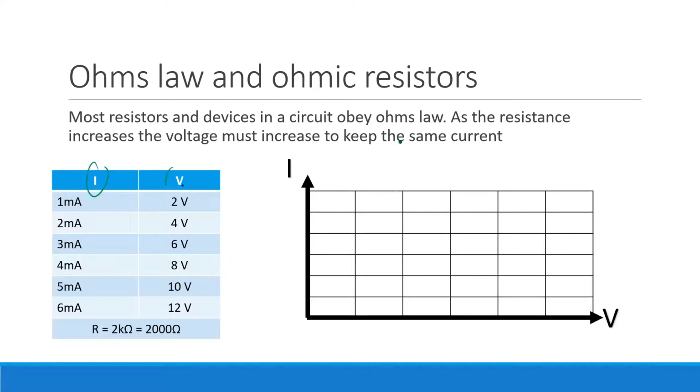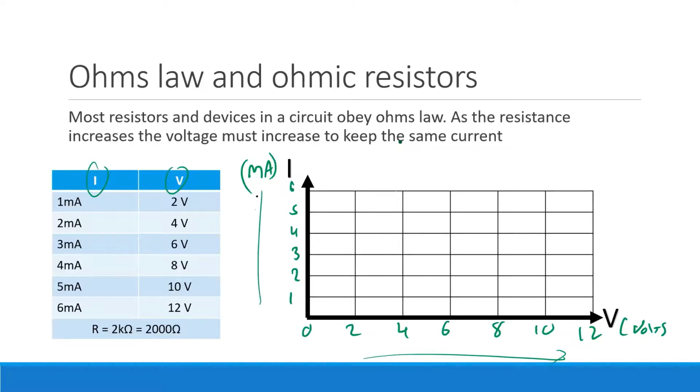I've got I and I've got V. Now, as the voltage increases from 2 to 4 to 6 to 8 to 10 to 12, the current will increase from 1 milliamp to 3 to 4 to 5 to 6, because as we push the electrons with more and more energy, we're going to be able to see those electrons move faster and faster.